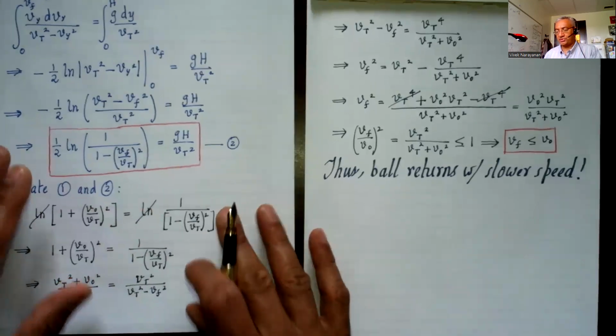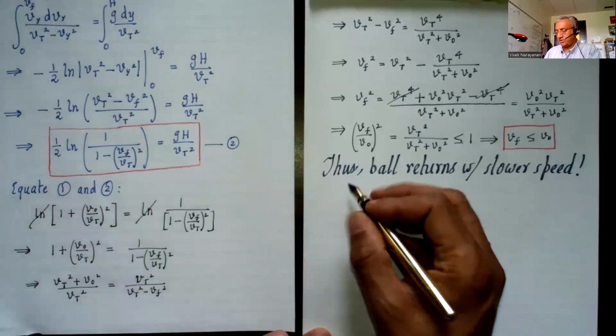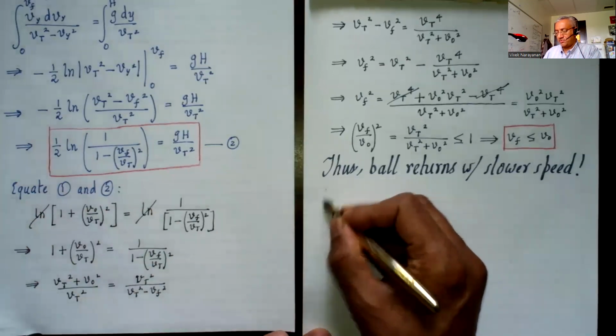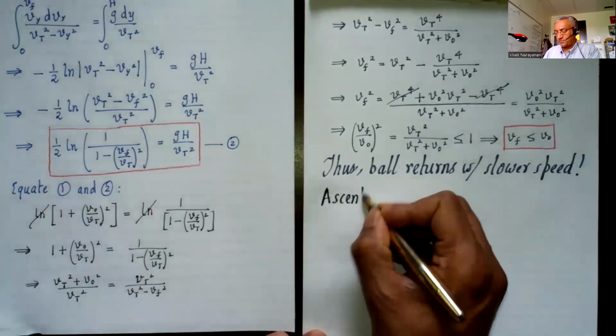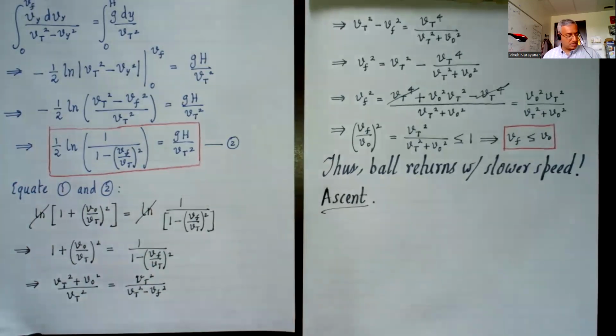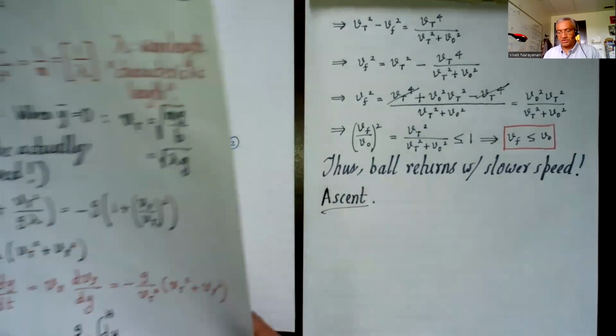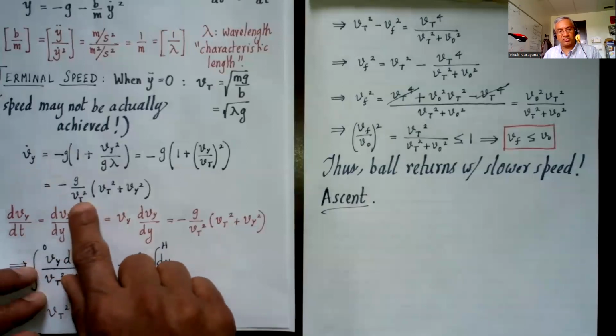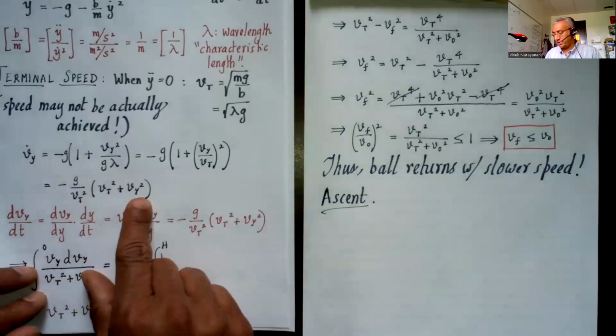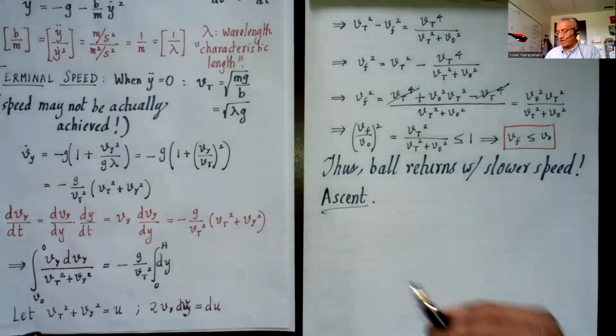So we'll go back to the original differential equations that we had. For ascent, we had this, vy dot equals negative g over vt squared plus vy squared. Let's go back to that equation.